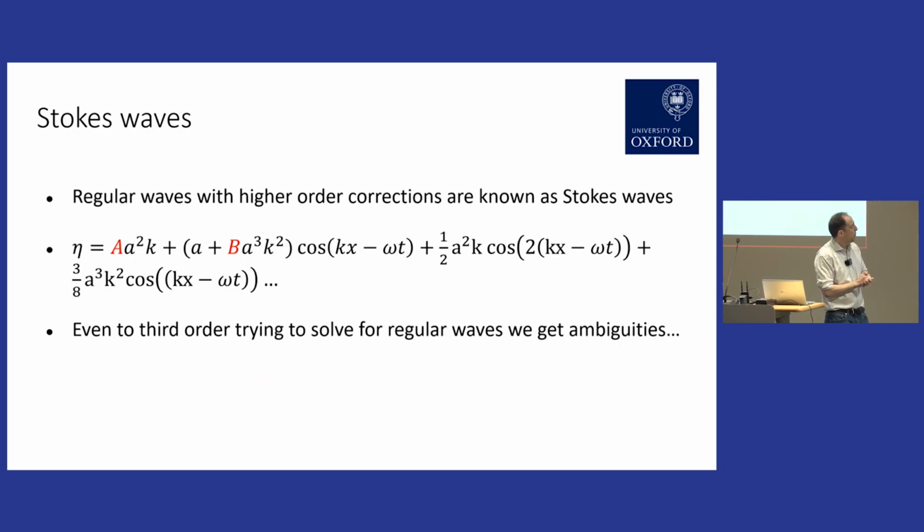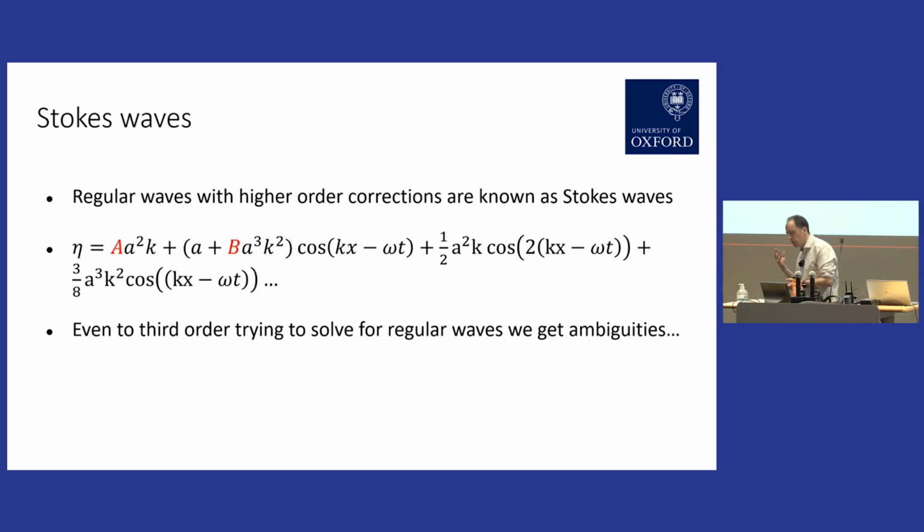A bit more of a problem is the one where we have a third order term. It's third order because it's a cubed k squared, but it occurs at the frequency of the fundamental waves. And to try and get out that coefficient, lots of people have tried.